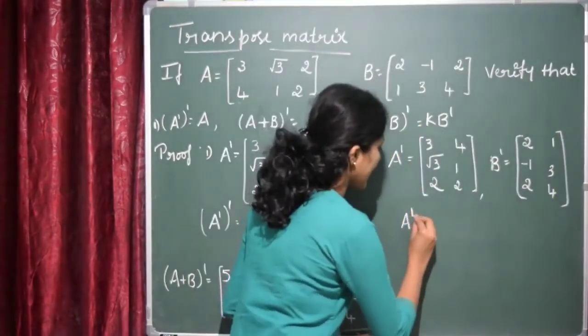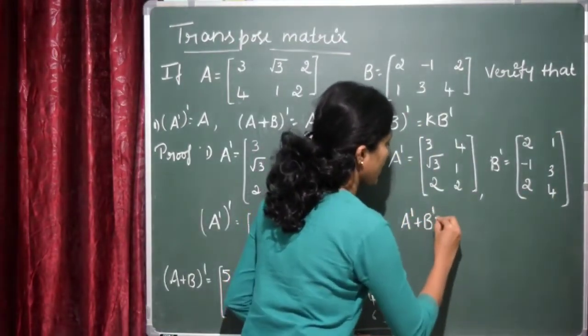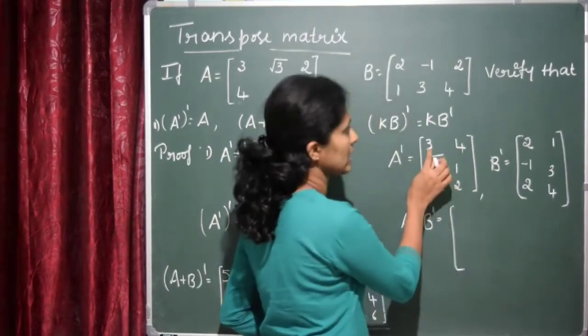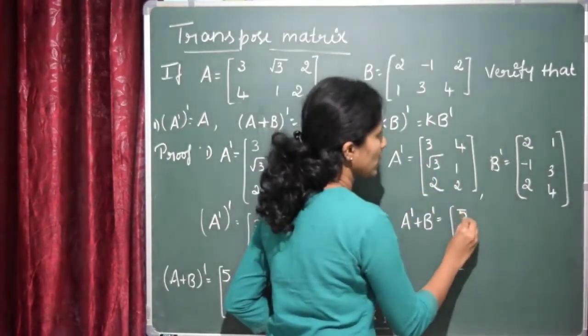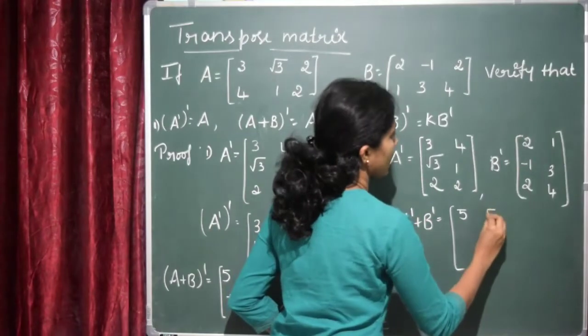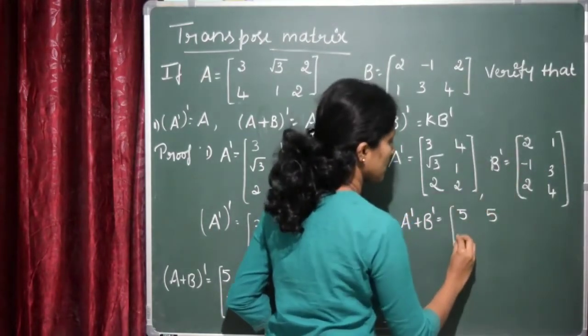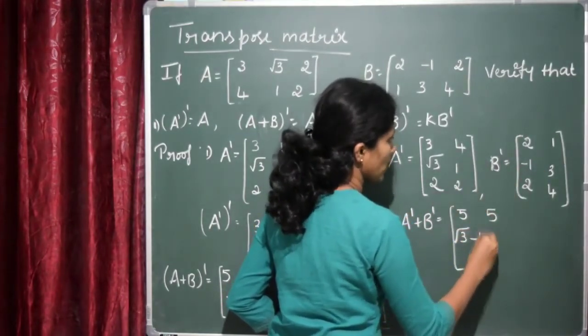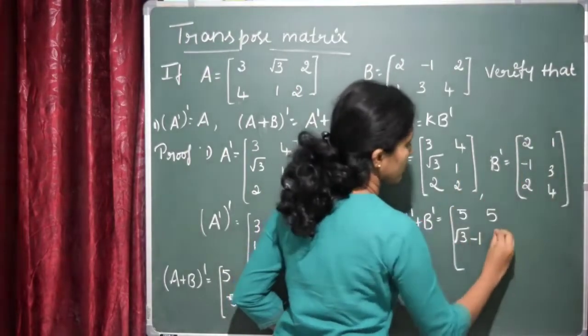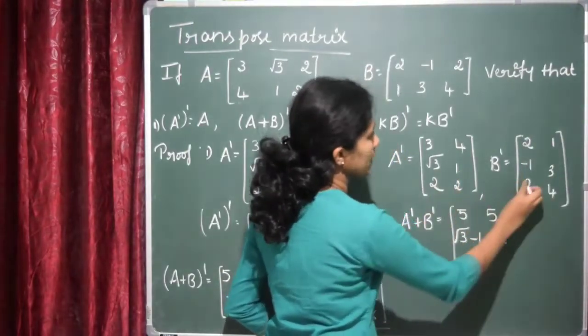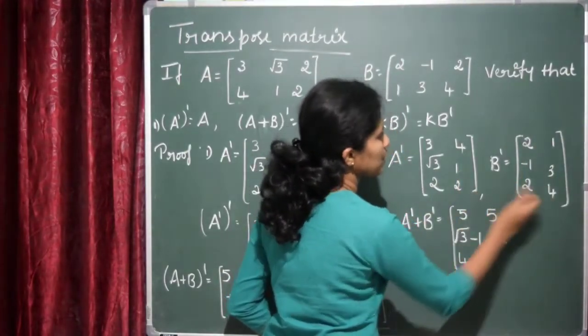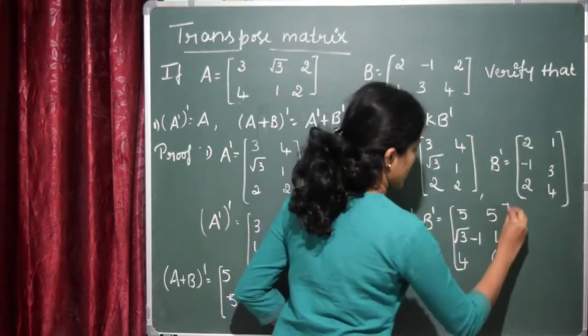This one is A' + B'. What we have to do is add the corresponding elements. 3 plus 2 is 5. 4 plus 1 is 5. Root 3 minus 1, so this will be root 3 minus 1. 1 plus 3 will be 4. And 2 plus 2 is 4. And 2 plus 4 is 6. Right?